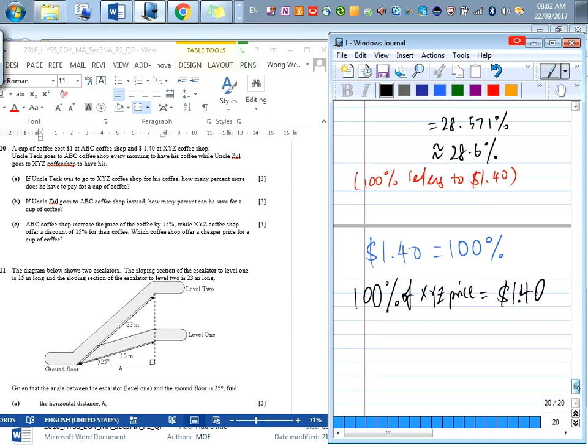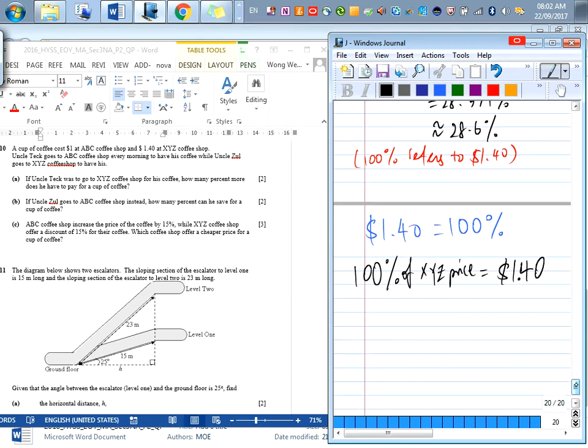Okay, so in other words, $1.40. I'm just going to rewrite it the other way around. $1.40 equals to 100% of XYZ price. Now, 40 cents is equals to how many percent of the XYZ price?